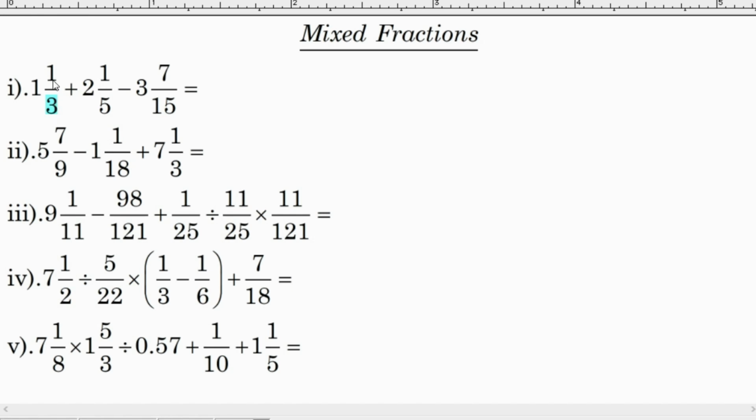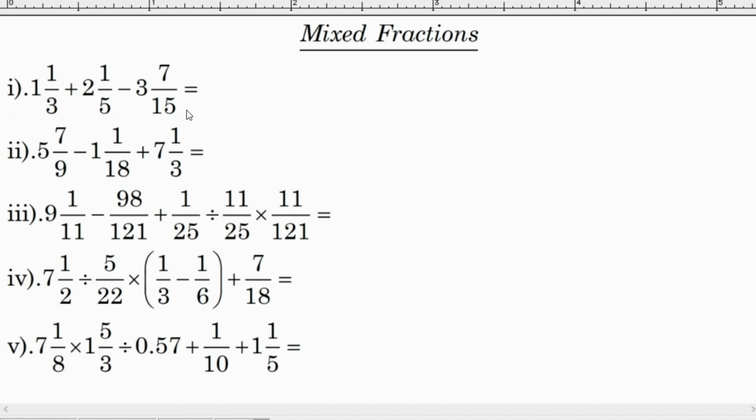So 1 is smaller than 3, that is a proper fraction. What we have to do here is turn the mixed fractions into normal fractions. So let's see how we can turn a mixed fraction into a normal fraction.